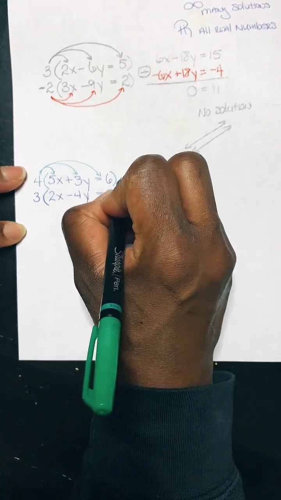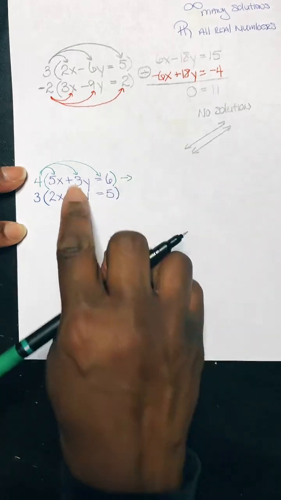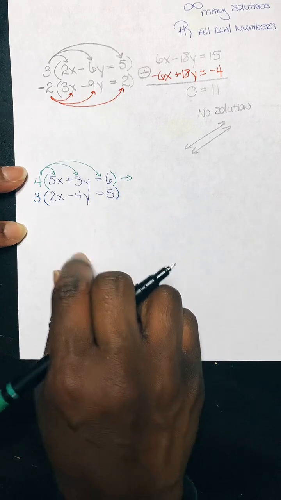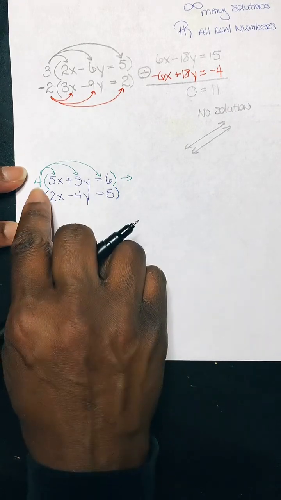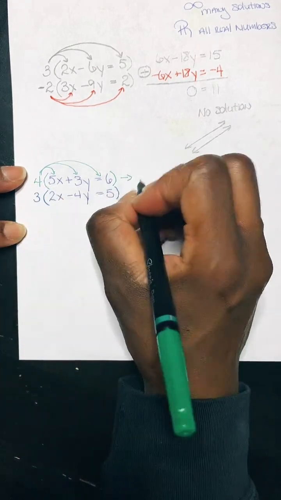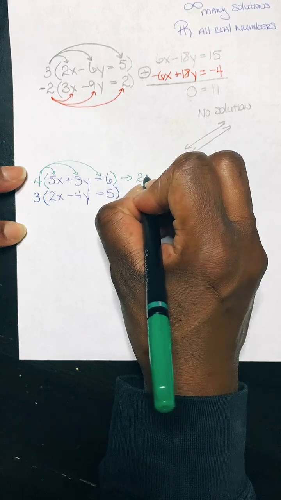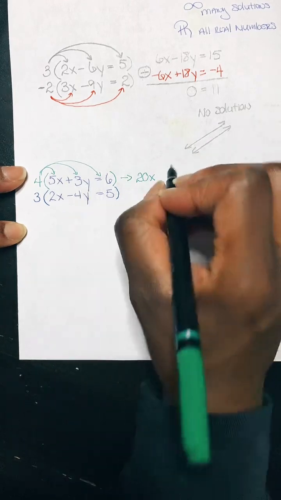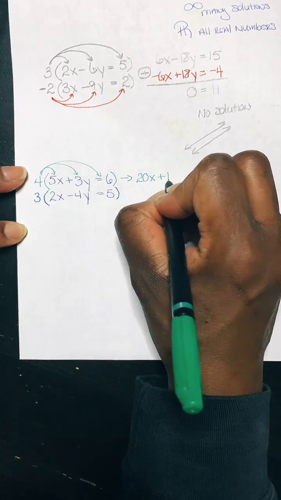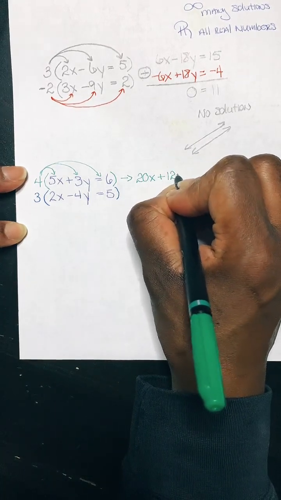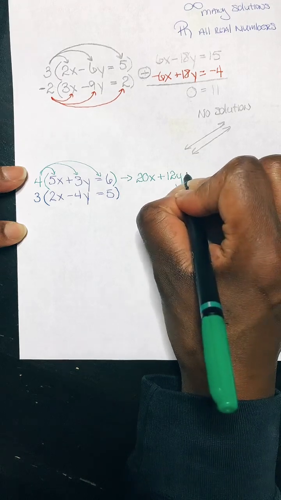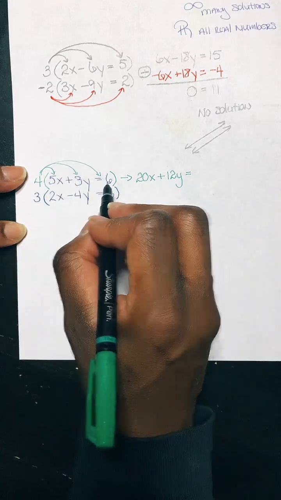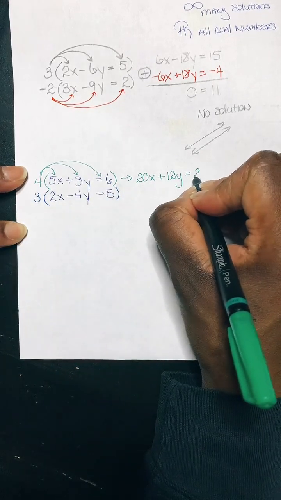Whenever I multiply, they have to be the same number with different signs in order to cancel out. So 4 times 5 gives me 20. 4 times 3y gives me plus 12y. Bring down my equals, and 4 times 6 gives me 24.